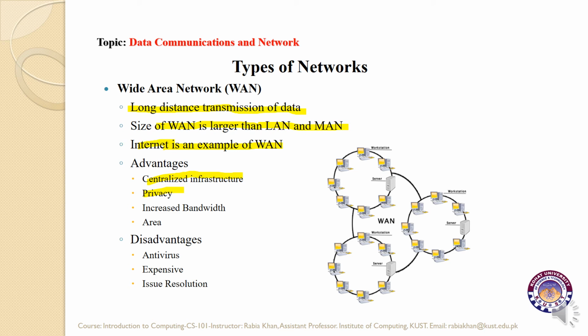And the data is then secure, which also minimizes the risk of unauthorized access. So whenever you send data through a wide area network, that data is encrypted. It is not sent in the same form you send it. So data is encrypted, which means data privacy is ensured to some extent. Another benefit is increased bandwidth.